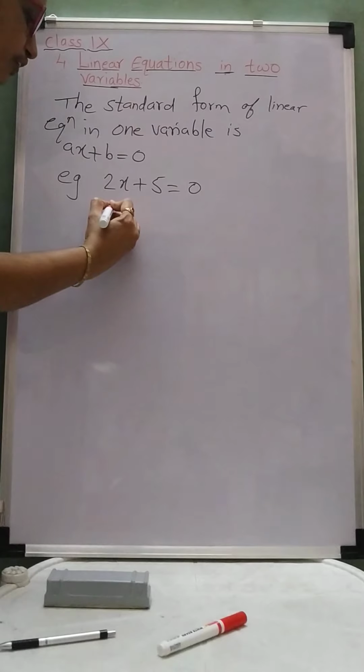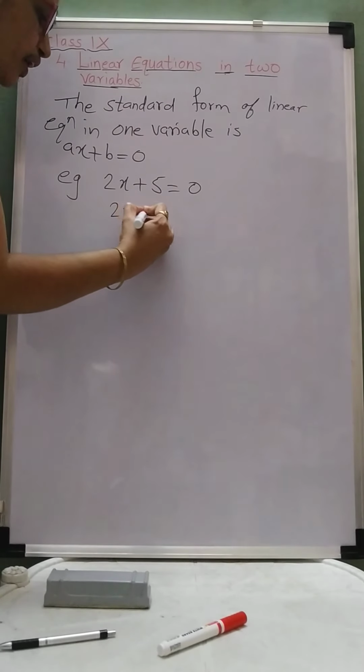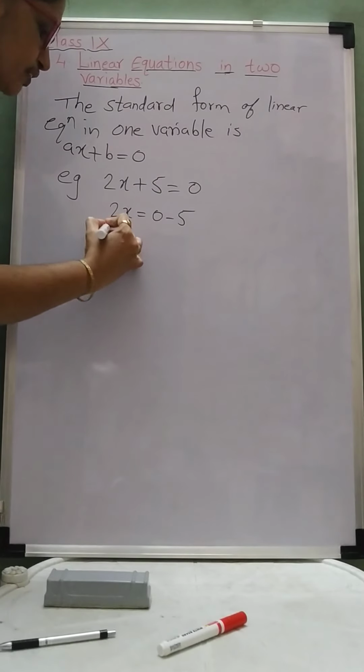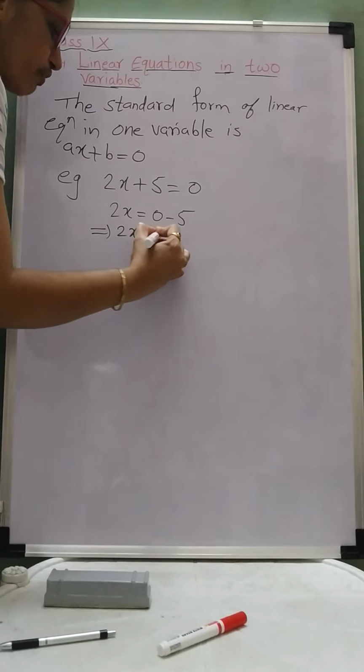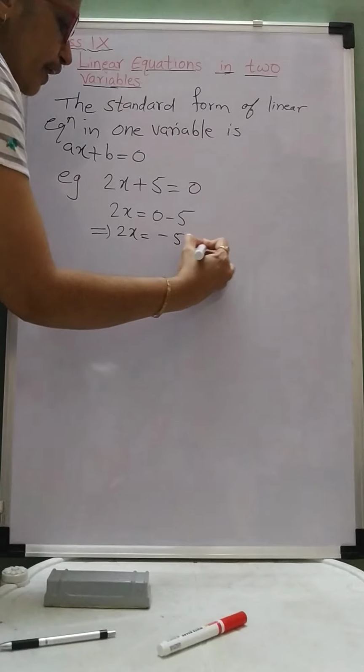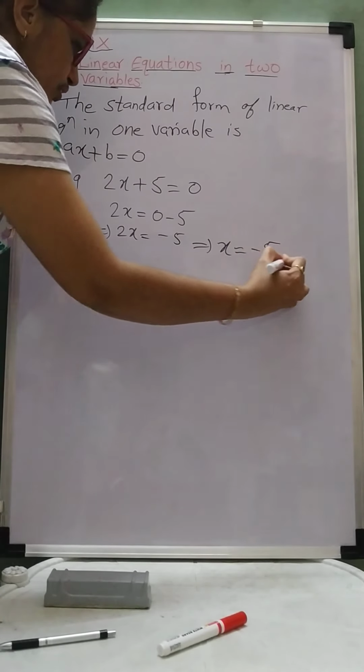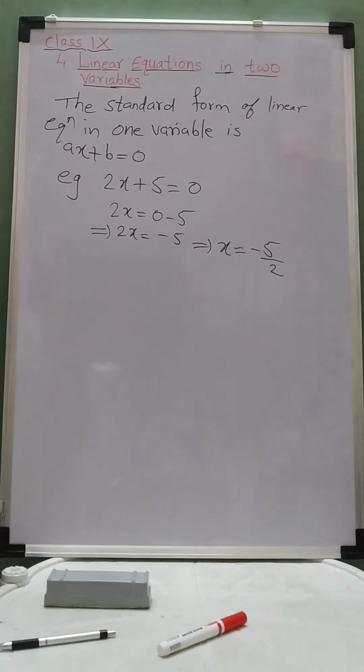So it will become 2x is equal to 0 minus 5. This implies 2x is equal to minus 5, which implies x is equal to minus 5 upon 2. So x is equal to minus 5 upon 2 is the solution of the given equation.